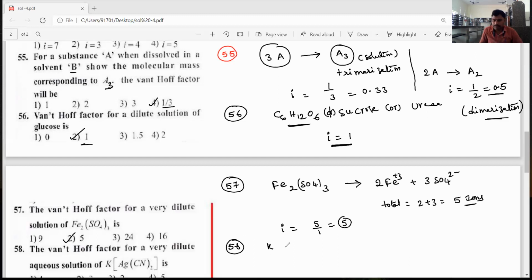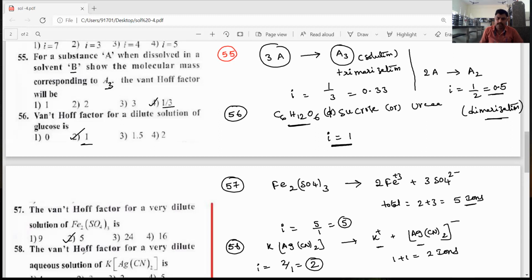So this K[Ag(CN)2] in aqueous solution produces K plus and [Ag(CN)2] minus. So this is one ion and this is another ion. Total 1 plus 1 is equal to 2 ions are present. So its Van 't Hoff factor is 2 by 1, which is 2. So the answer is 2, means it is the third option.